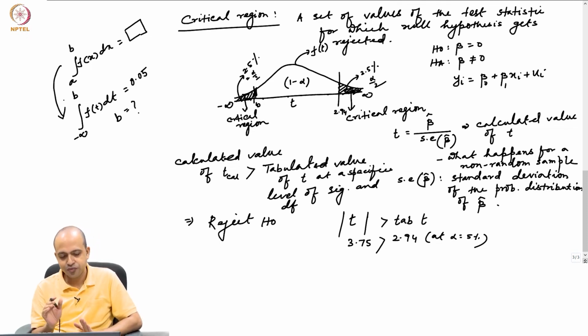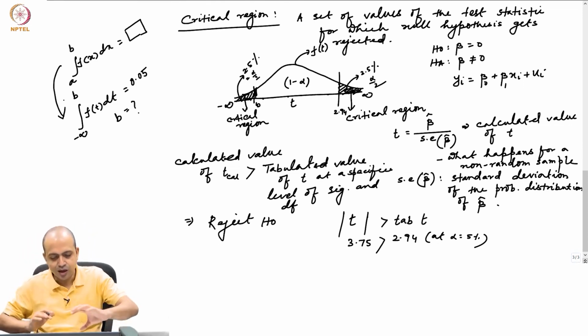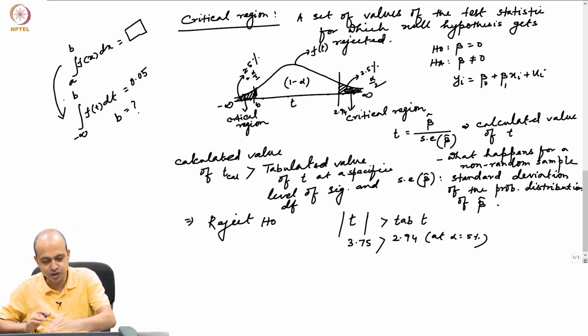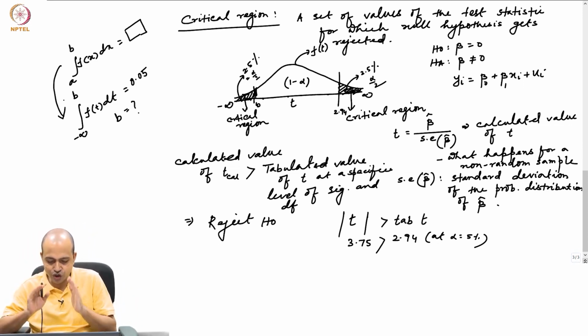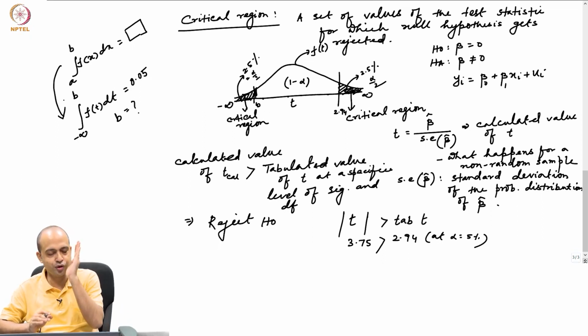This is how the statisticians prepared the table, and the decision making rule says that your calculated value of t, which is defined by beta hat divided by the standard error of beta hat, you have to compare with the tabulated value, and immediately you will see whether it is greater than the tabulated one or not.